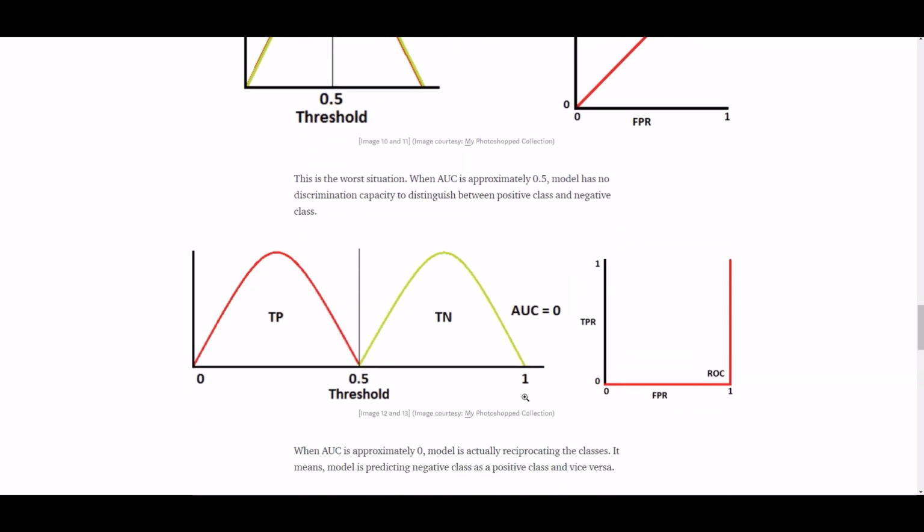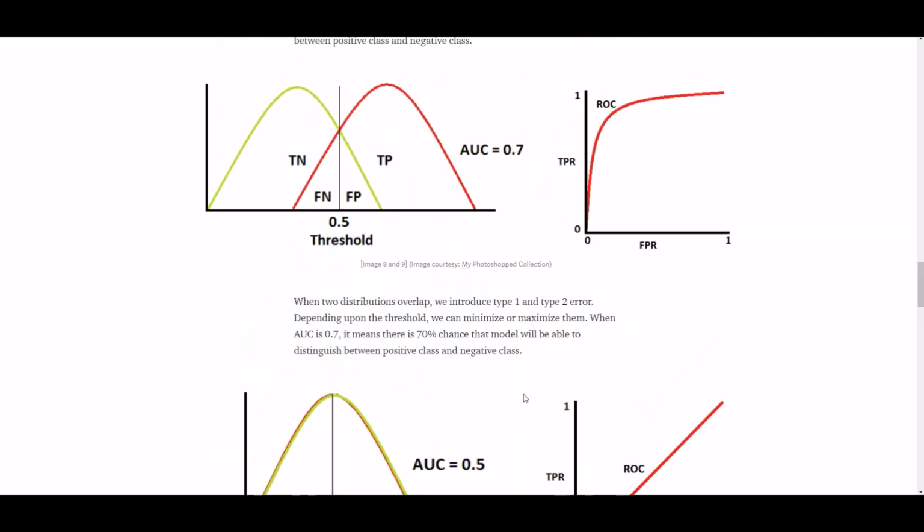You're probably never going to see this, but in this case, you have basically a model that predicts zeros as ones and ones as zeros. So it's pretty much the worst case scenario, but you're almost never going to see that. As long as you've built the model well, you'll have a curve that looks like that.